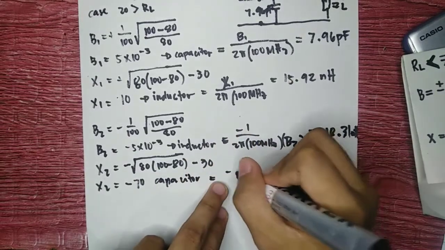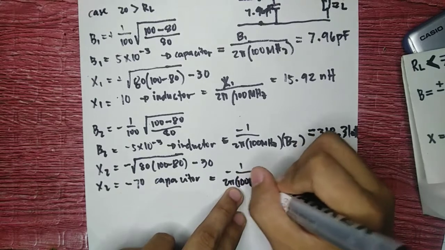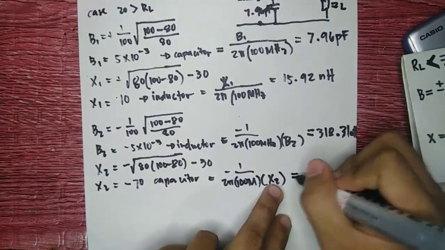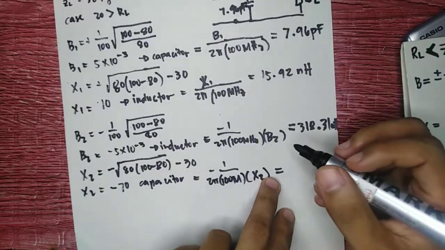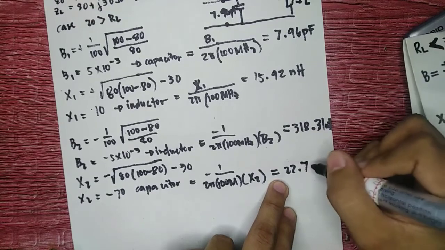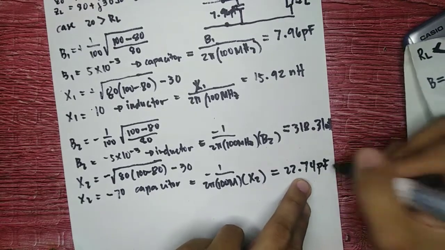Now we have the same formula for the capacitor, 1 over 2 pi times the frequency of 100 megahertz times X2. This will be 22.74 picofarad.